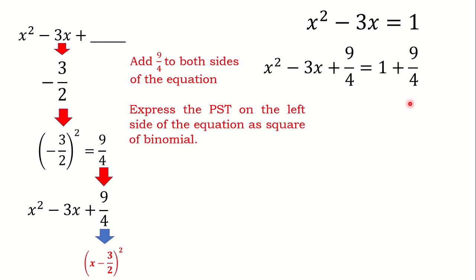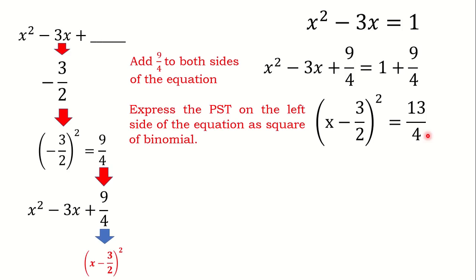Next, express the perfect square trinomial on the left side of the equation as a square of binomial. So, since kanina, kinuha na natin yung square of binomial, ito yung nasa baba. So, alam natin na ang square of binomial nito is x minus 3 over 2 squared is equal to 13 over 4.